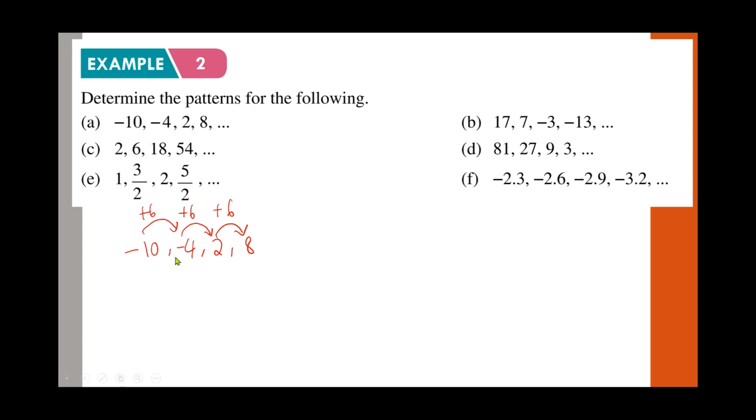Do we get -4? Yes, right. All correct, right? So how do we describe the pattern? We know the pattern already is plus 6. So to describe it, it will be addition of 6, or add 6 to the previous number.